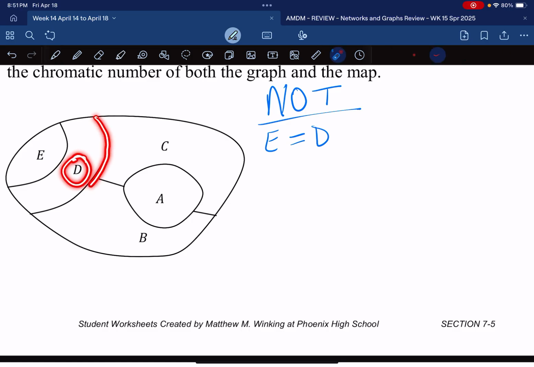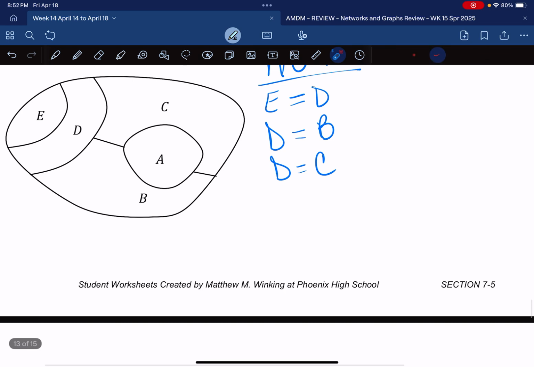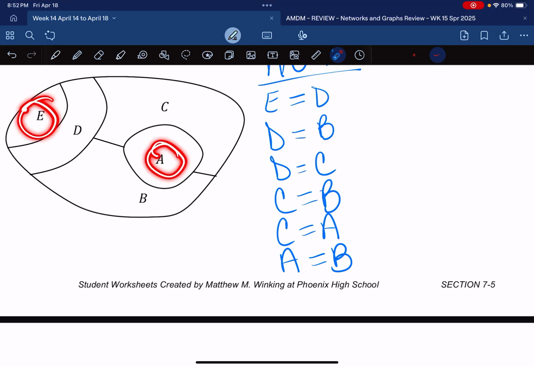D shares a side with B and C. So D cannot be B, D cannot be C. C right here shares an edge with B and A. So C can't be B, C can't be A, and A can't be B because that edge right there they share. Can A and E be the same? Yes, because they don't share an edge.